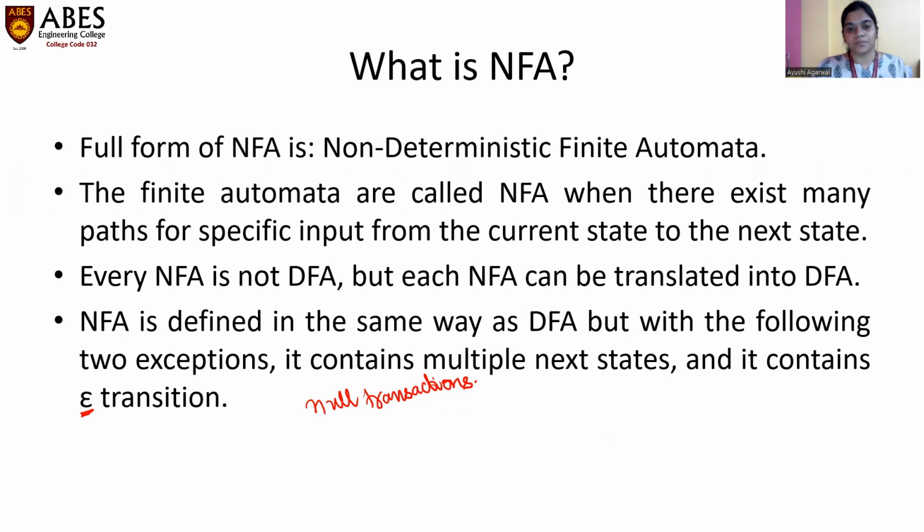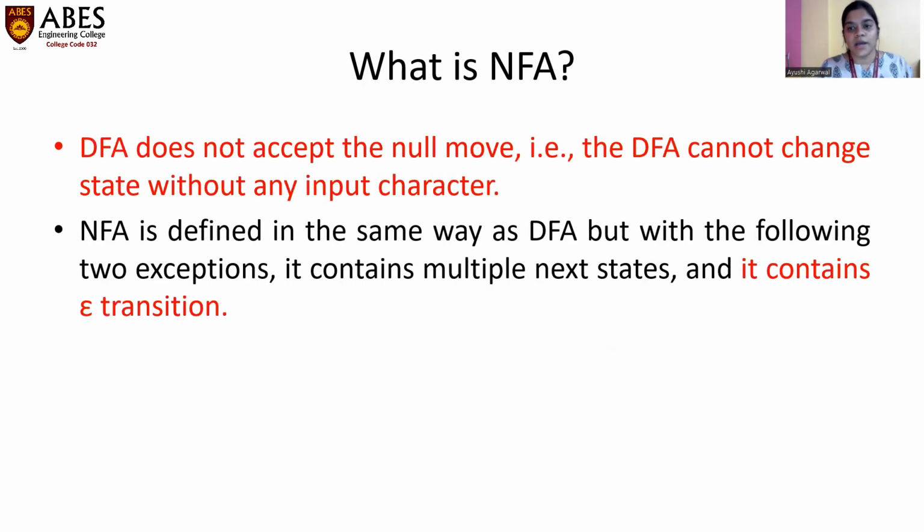We'll see more examples on it, and then you will find out how the null transitions or epsilon transitions work. Over here, I have highlighted the main characteristic difference between DFA and NFA. In the DFA lecture, I discussed that DFA does not accept any null move. That is, DFA cannot change a state without any input character, right? But for NFA, we state that it can take epsilon transition.